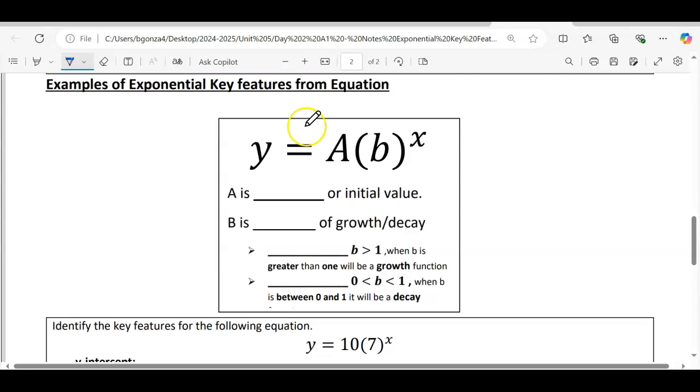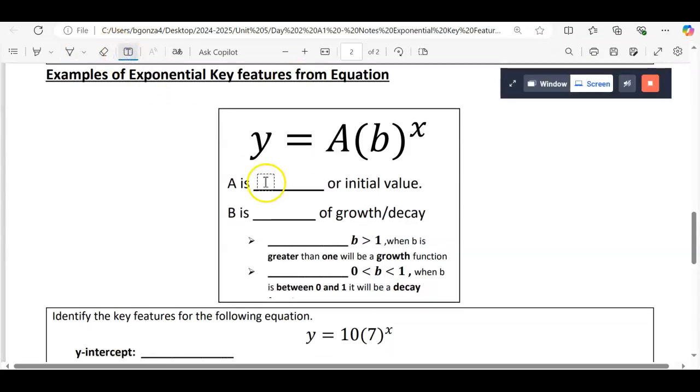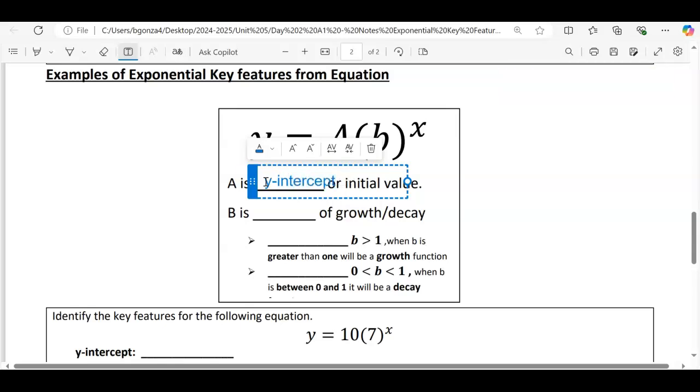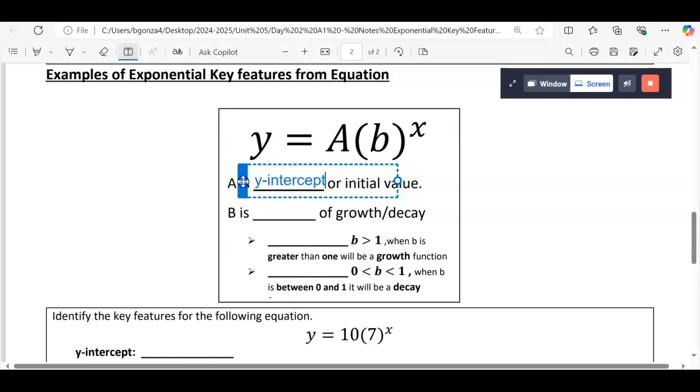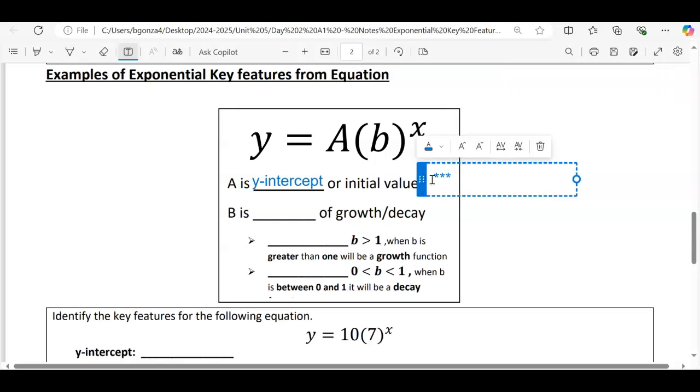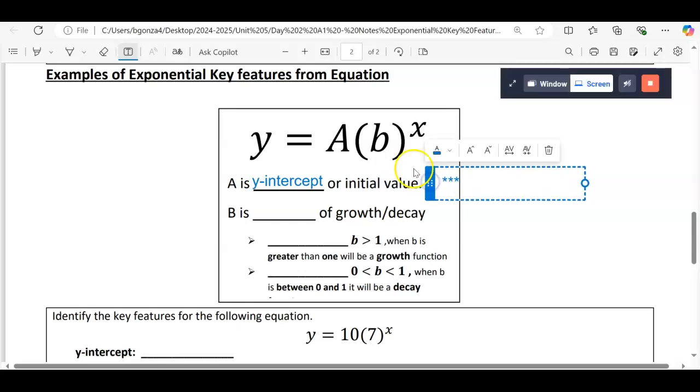So check this out. a is your starting point, initial value, or y-intercept. Please write that down. So you're going to have two numbers here. This first number is your y-intercept. Okay? Now, what if there is no a value?